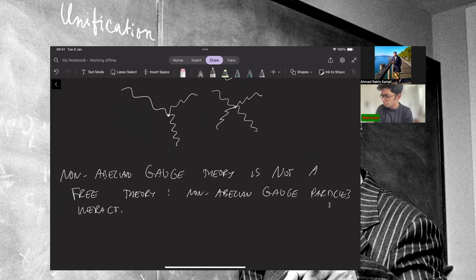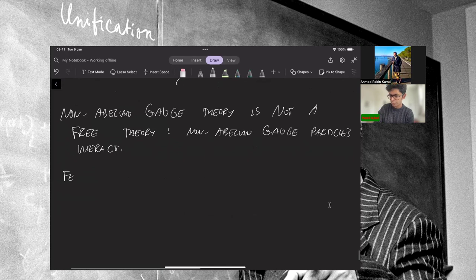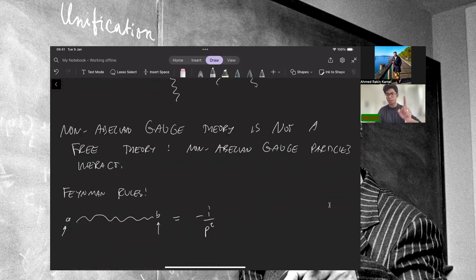So what should we do if we want to solve this non-abelian gauge theory? What we do is we work out Feynman rules and we calculate Feynman diagrams. So we'll get a non-abelian gauge field propagator, which looks a lot like the one for the abelian gauge theory, except that now it has an extra index, the a index, which remember could go from 1 to 3.